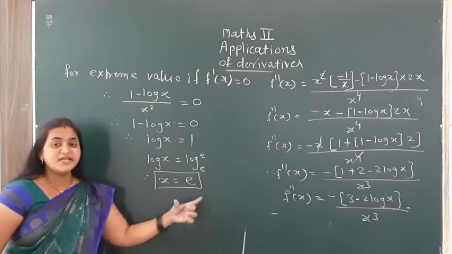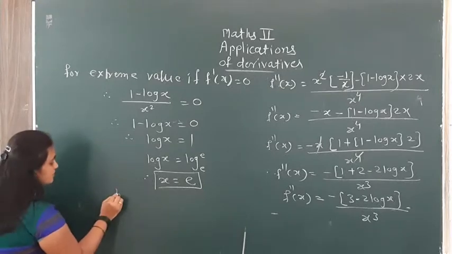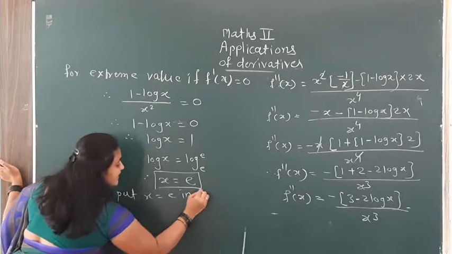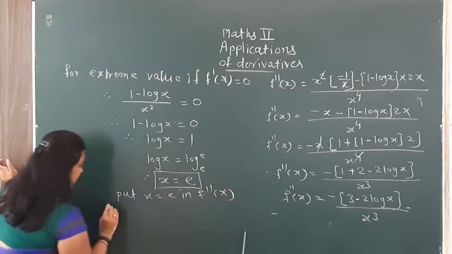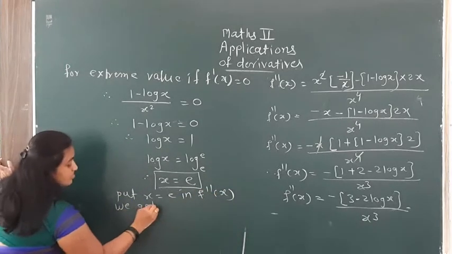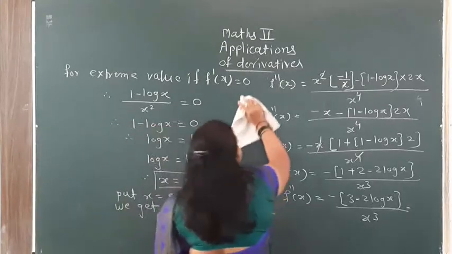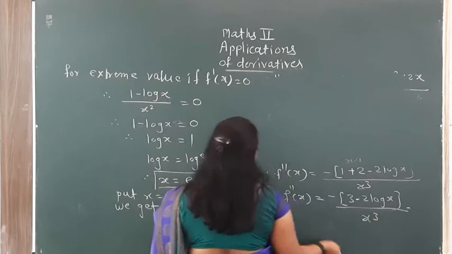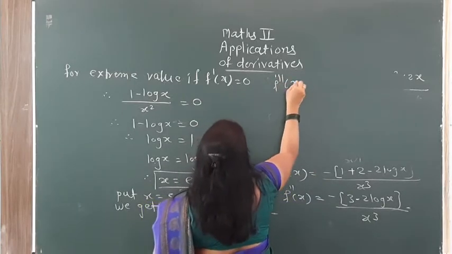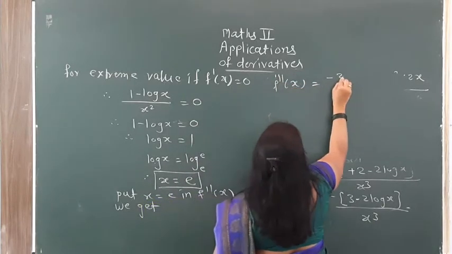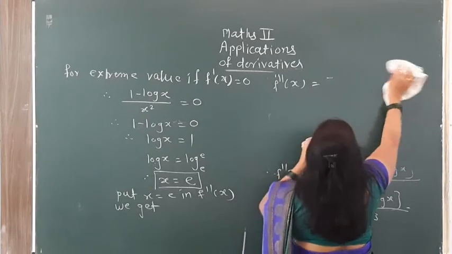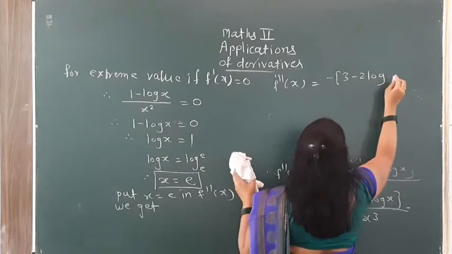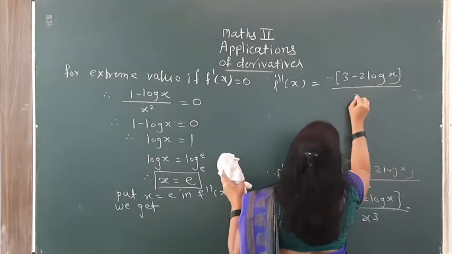Substitute this e into the double derivative. Put x equal to e in f double dash of x. What is f double dash of x? It is minus the bracket 3 minus 2 log x divided by x cube.